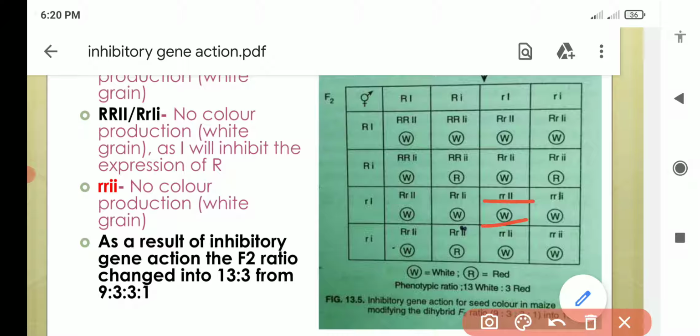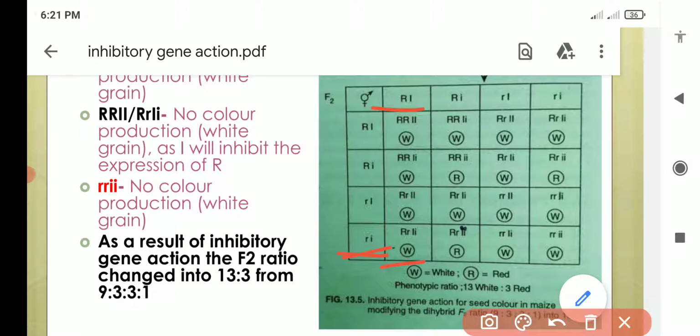Capital I is not going to produce any color. So ultimately white seed production will be there. When this crosses with this, again white seed production will be there. Now the fourth female gamete will cross with the first male gamete, and white seed will be produced.